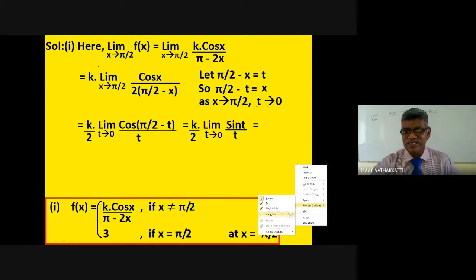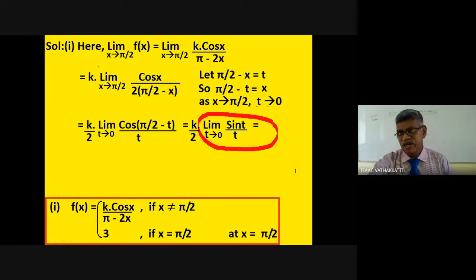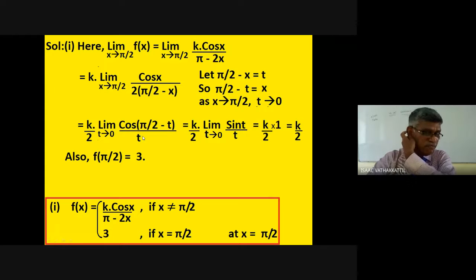Now we know what limit t tends to 0 of sin t by t is. That is 1. So this is k by 2 into 1, which is equal to k by 2. Now what is given? The function is continuous at x equal to pi by 2, and f of pi by 2 is given in the question, that is 3.